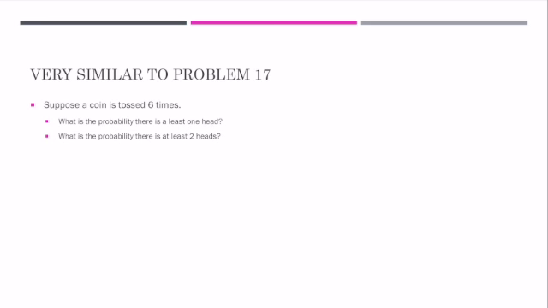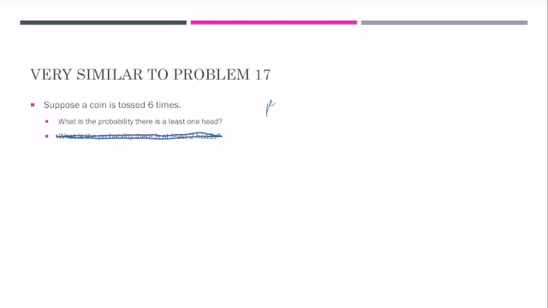Suppose a coin is tossed 6 times. What is the probability that there is at least one head? We're not going to do this problem right here, but I want to know what's the probability there's at least one head. So I'm flipping a coin 6 times.